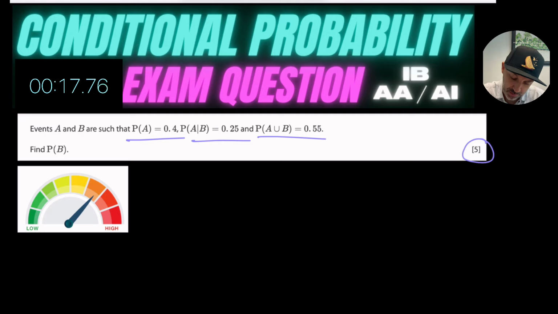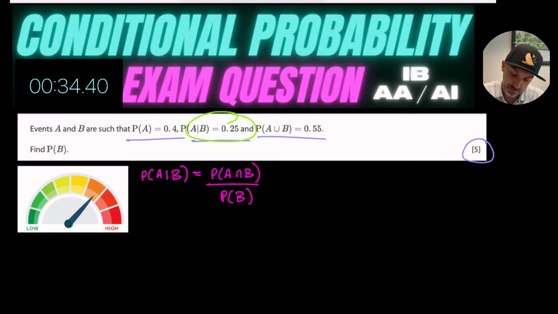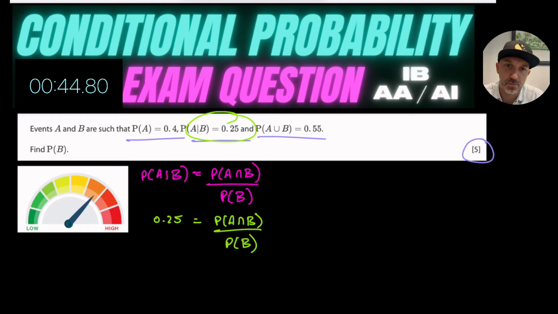Because there isn't a great deal of information given, and they've given me the conditional probability value, the formula is P(A given B) is P(A and B) over the probability of B. They have given us part of that formula, which is 0.25, so 0.25 will go on the left, but this time we don't have the intersection of A and B or P(B). That is actually what we're trying to find.